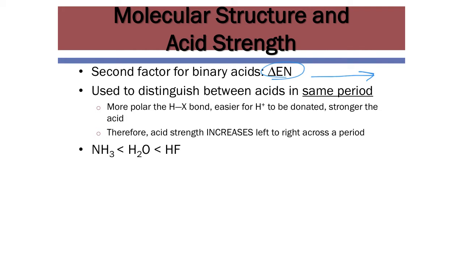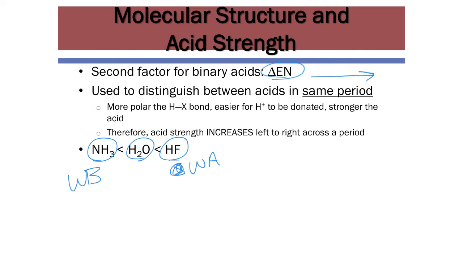If we take a look at our period 2 acids, we would have HF, which we know is not a strong acid, then water, and then NH3. We know that HF is a weak acid, NH3 is a weak base, and water should be neutral. So we can see that our acid strength increases moving across.